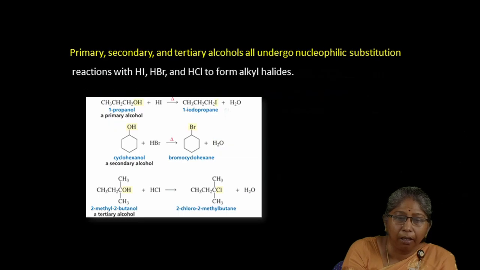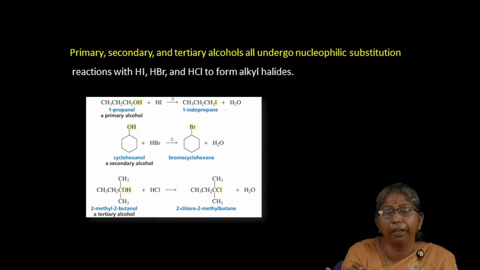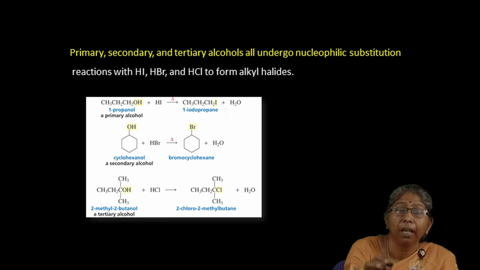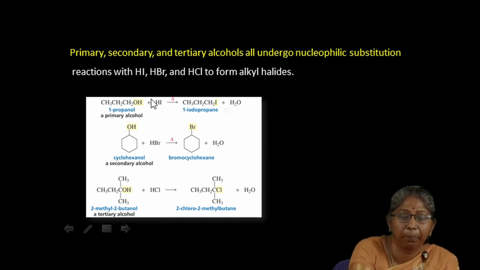Now coming to primary, secondary and tertiary alcohols, they all undergo nucleophilic substitution reactions with hydrogen iodide, hydrogen bromide and HCl to form alkyl halides. See the reactions, you can understand them. I have given three examples. One is a primary alcohol, which on heating with hydrogen iodide gives iodopropane.